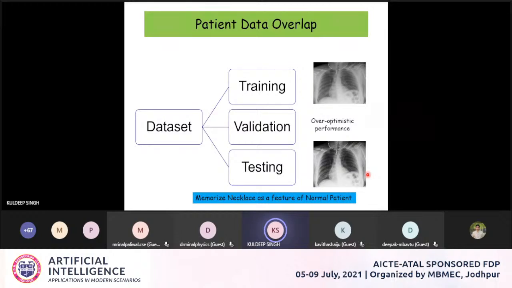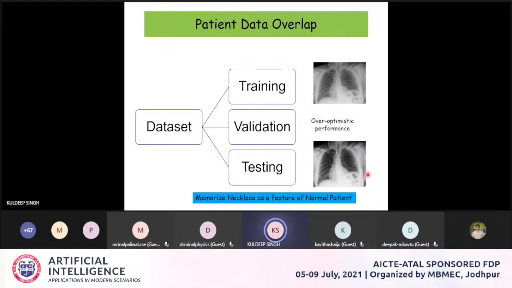The first one is patient data overlap. It means that a particular image is also part of the training as well as the testing data set. Ideally, we should not have the data from a particular patient in all the data sets.